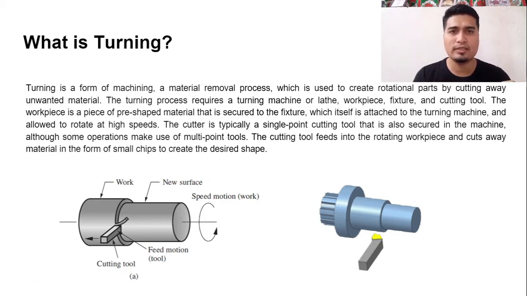Also, we can see in this process, the speed motion is provided by the rotating work part and the feed motion is achieved by the cutting tool. So basically, it's a material in cylindrical shape or form that rotates at high speed and a pointed tool that removes material when it touches the surface of the workpiece.